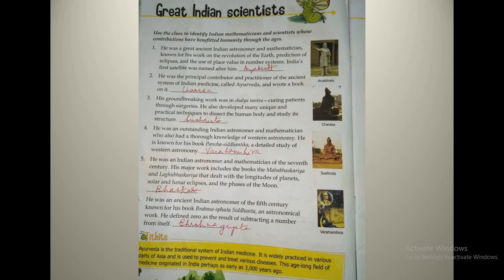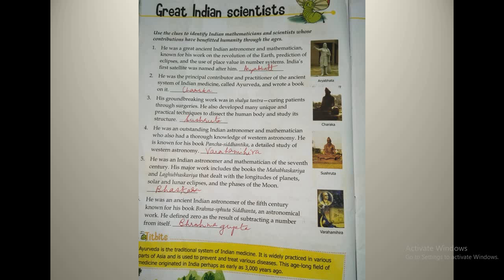Now the tidbits. Ayurveda is the traditional system of Indian medicine. The traditional system of Indian medicine comes from Ayurveda. It is widely practiced in various parts of Asia and is used to prevent and treat various diseases.